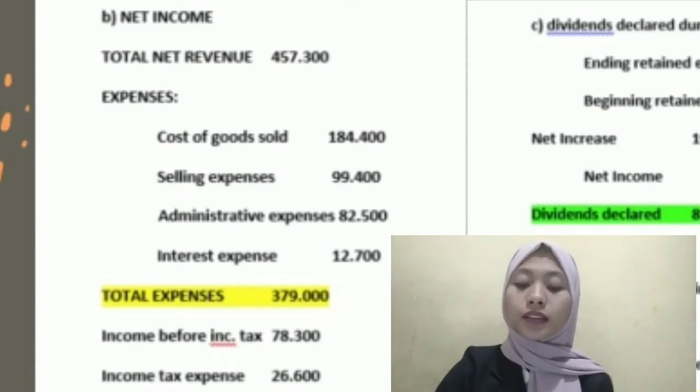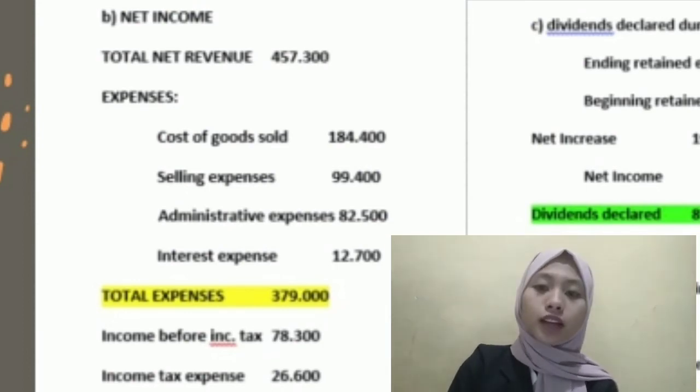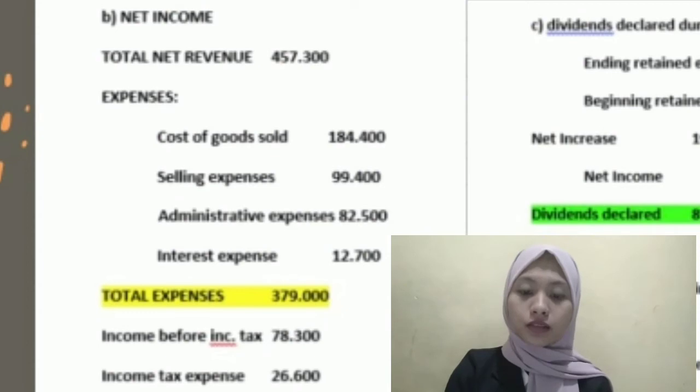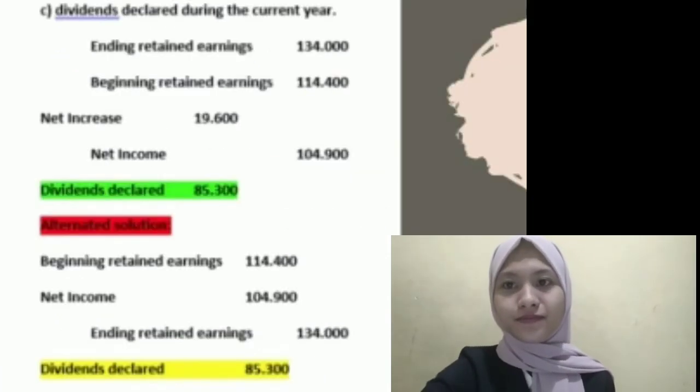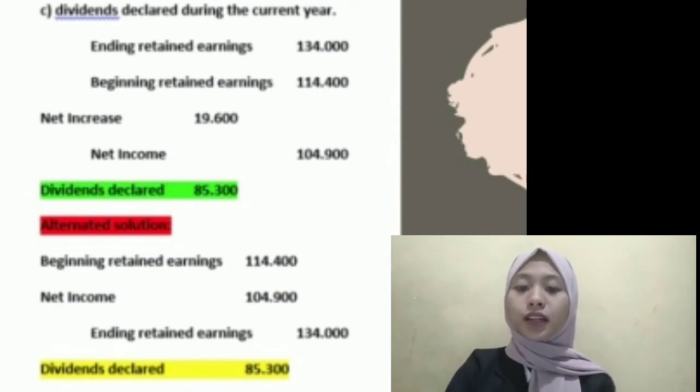Then plus income before income tax and income tax expense. Then the result is $104,900. So the result of net income is $104,900.